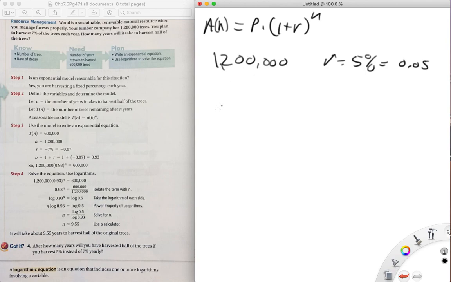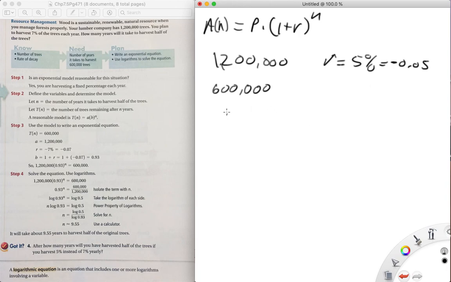Well, half of 1.2 million is 600,000. So how long would it take for you to get 600,000 trees at a rate of decline of 5%? So it would not be 0.05, but negative 0.05 because it's a decrease.